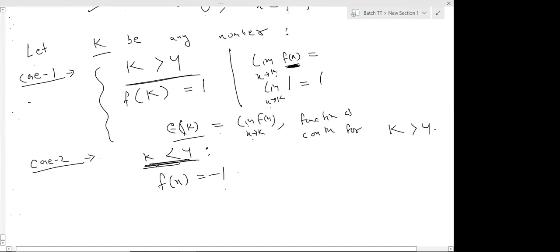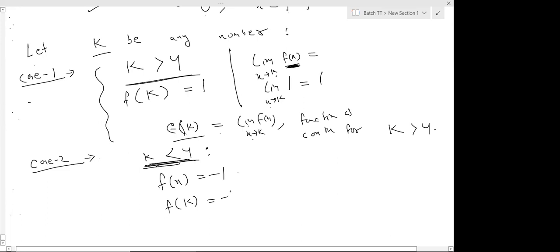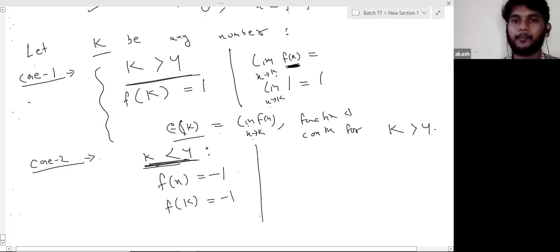So what will be f of k? -1. Very simple. Now we have to find limit x tending to k of f of x. Again, what is f of x? -1. So limit of -1 as x tends to k.